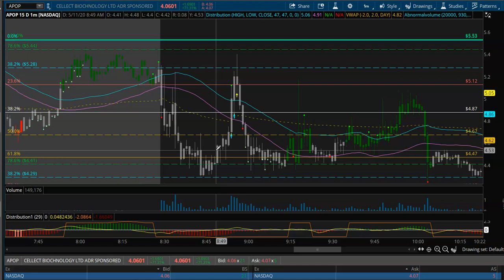But when you see stuff like that, you have to be very wary, because when you know that shorts are very heavily involved in the stock, there's going to be the opposite side of that. Eventually it's going to go sideways and start to grind, and shorts are going to get caught off guard. And when you have a very crowded play like this, I believe that's even more likely to happen.